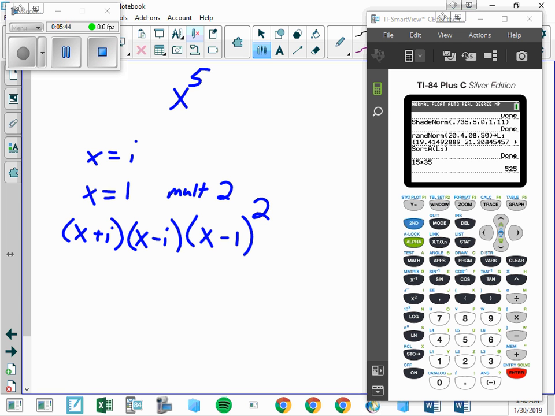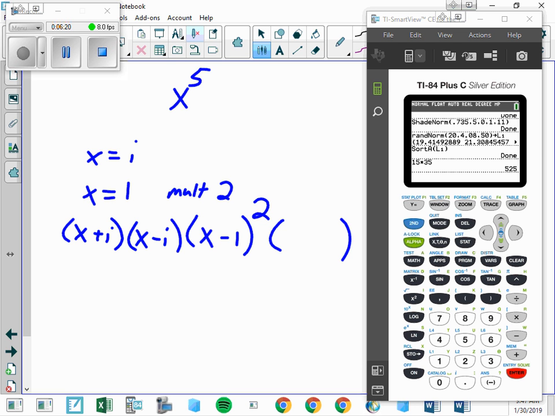What else has to happen? Well, there has to be another factor, right? What do I know about that other factor? It's not imaginary. Why not? Every imaginary factor has to have an imaginary complement, a conjugate. So it can't be imaginary.